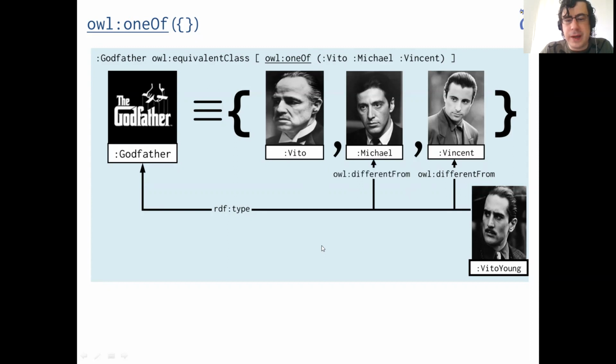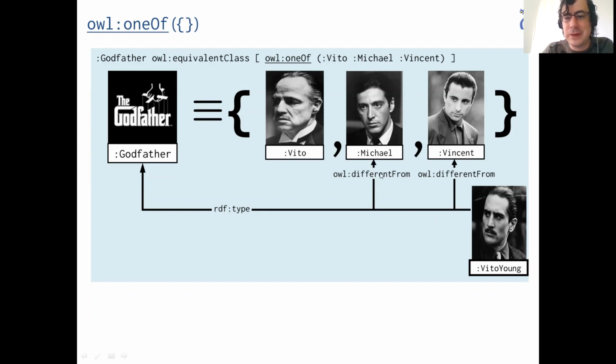What we're assuming here is that Vito Young must be the same as Vito, I guess. Sorry, no, this is stated: we're stating that Vito Young is different from Vincent and is different from Michael. Then we could infer that Vito Young must be the same as Vito.